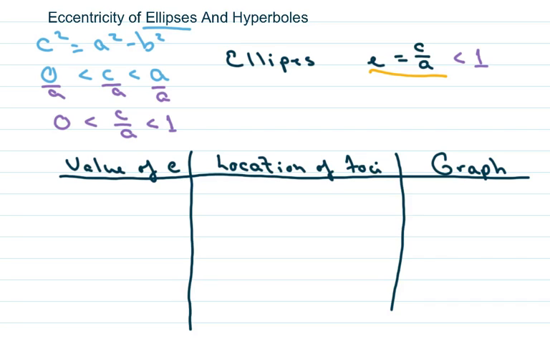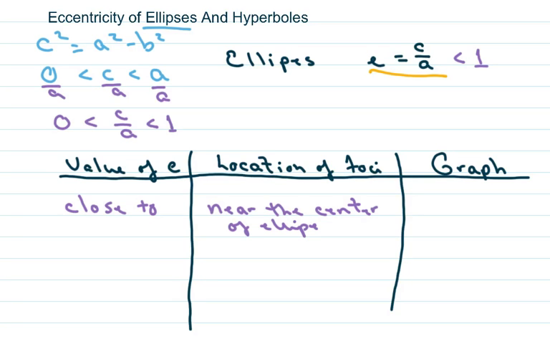And if the value is closer to 0, then the foci are near the center of the ellipse.